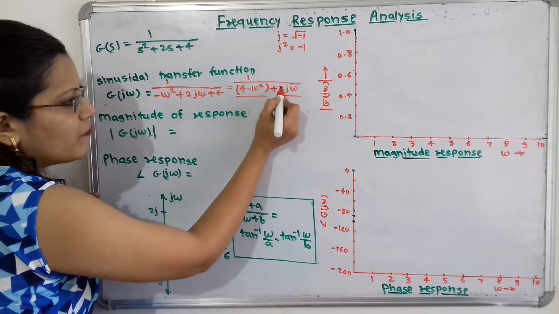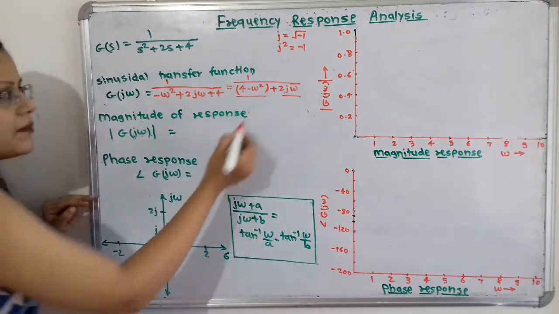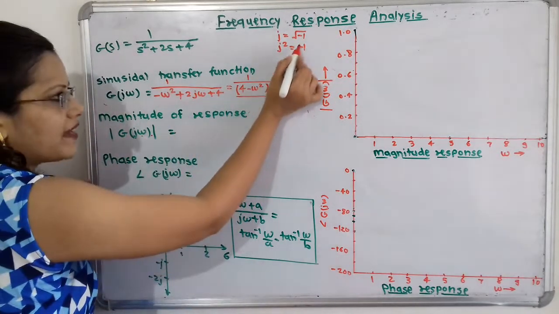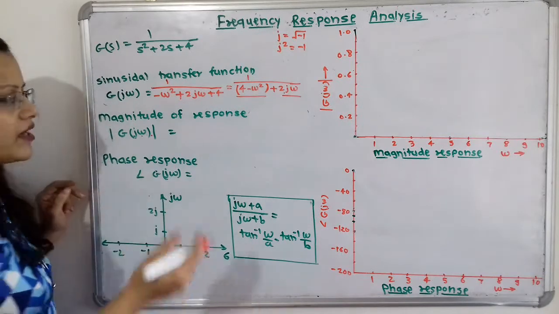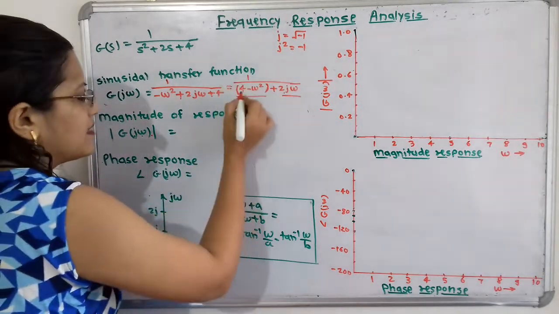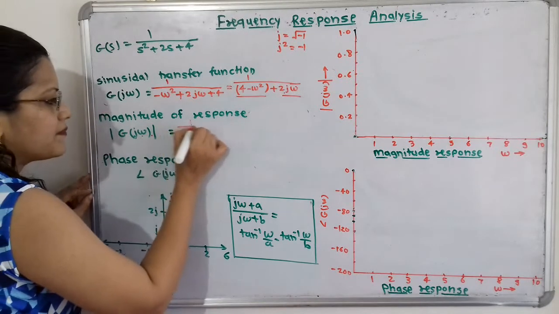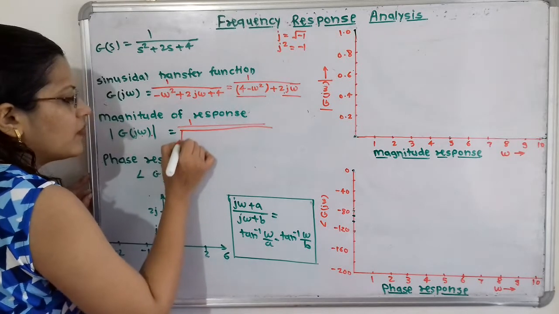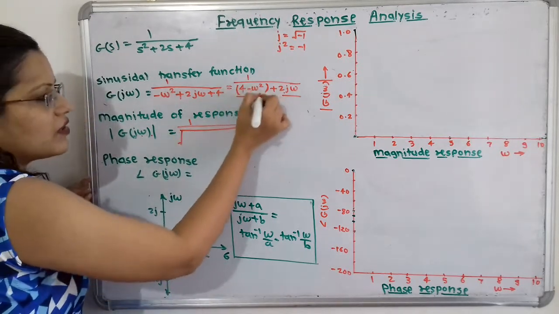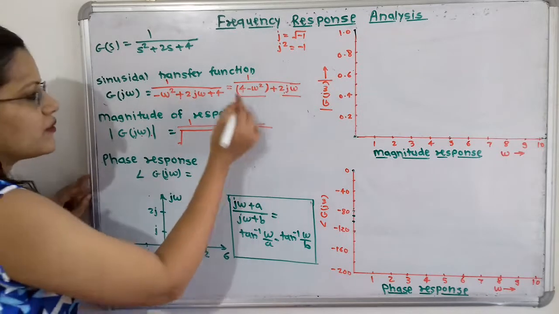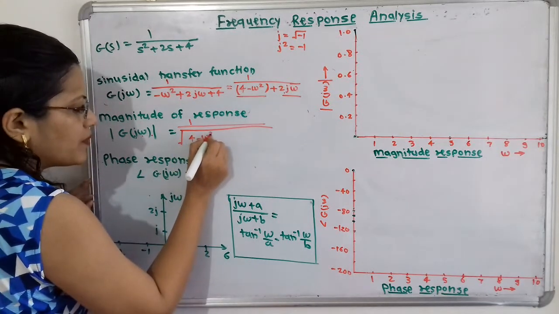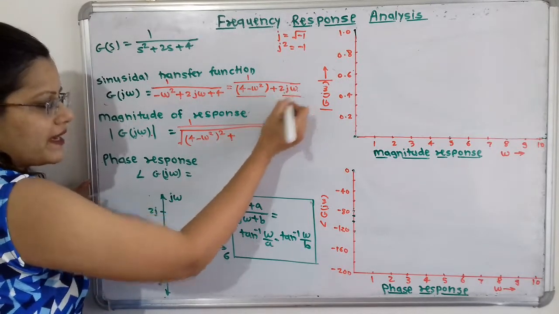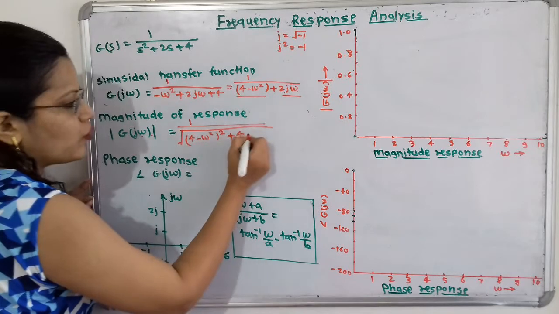Here it will become 4j square omega square. But the value of j square is minus 1, but because of this modulus, this minus 1 will be converted into plus 1. So I will write this as 1 divided by under root of, so we have to take under root of, these two numbers squared, that is (4 minus omega square) bracket square plus (2j omega) bracket square, that is 4j square omega square.